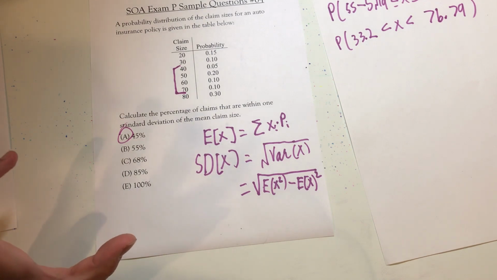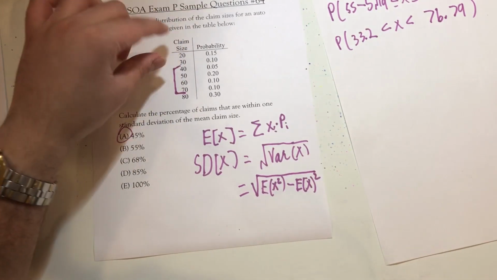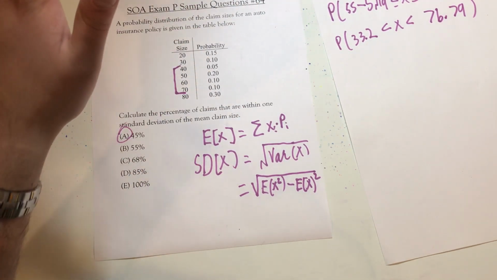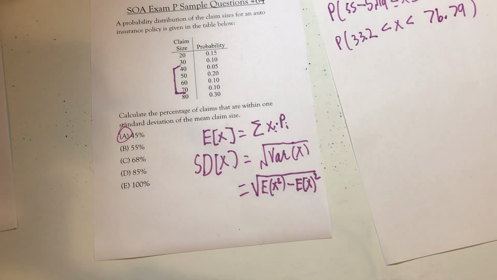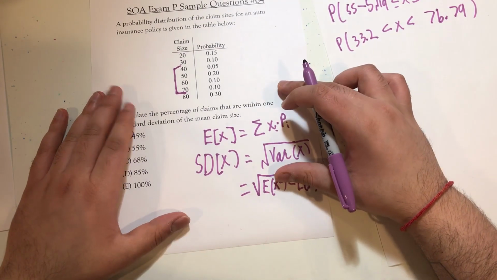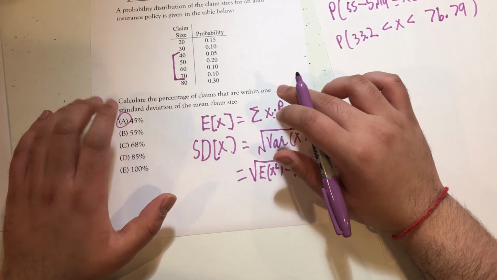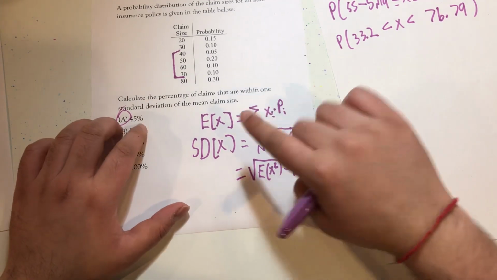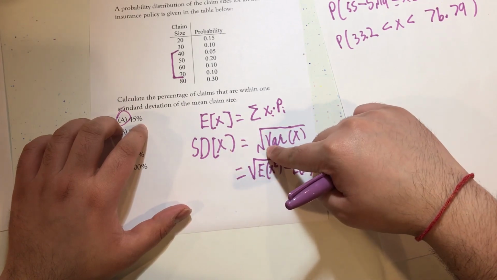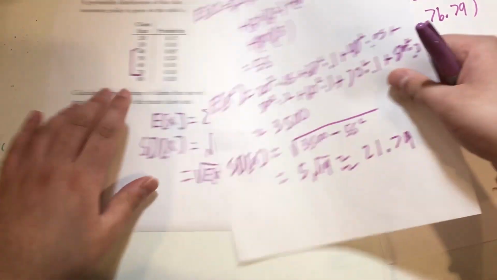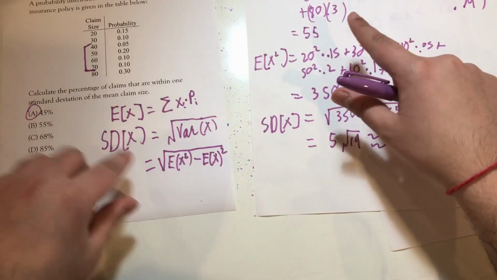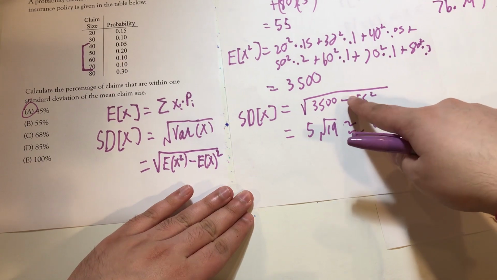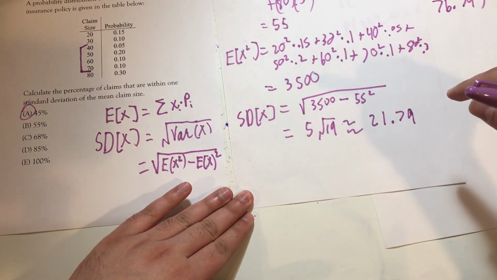So just a brief overview. We're given a chart with a discrete distribution and the actual probabilities for it. Great, that means no trying to figure out something from a density function to get the actual probability. We're asked to find the percentage of claims within one standard deviation of the mean. That requires us to get the mean and the standard deviation. I calculated the mean with the basic equation. I understood the standard deviation is the square root of the variance, so I calculated the variance, square rooted that, and got the standard deviation.